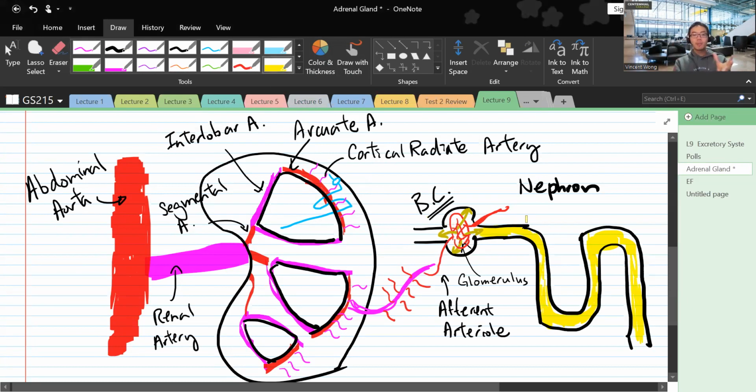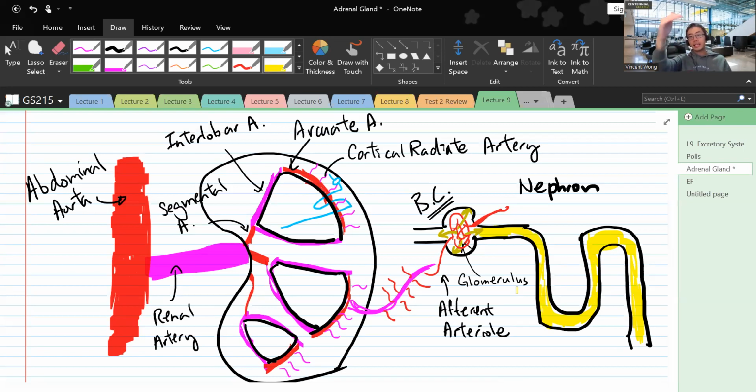At this point, the filtrate is not the final urine yet. There is actually some adjustment that we have to make. In the different parts of the nephron, the proximal tubule, the loop of Henle, all these different parts have different functions, and they will make adjustments to the filtrate before it comes out on the other end and becomes the urine.